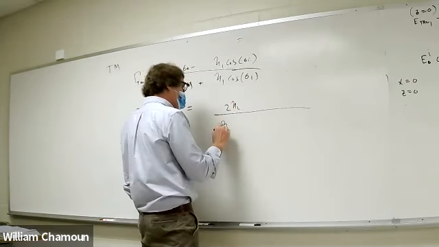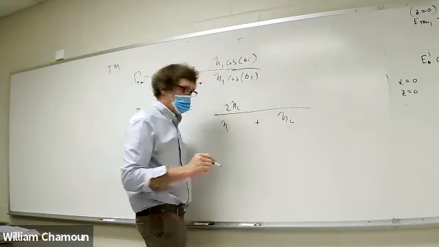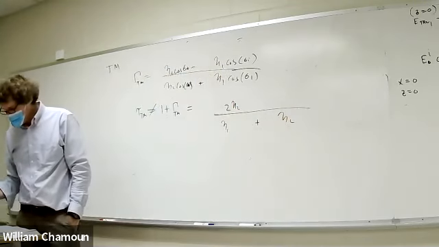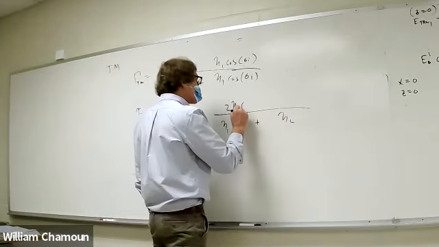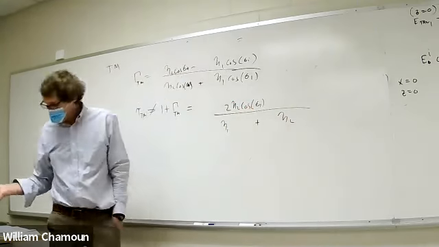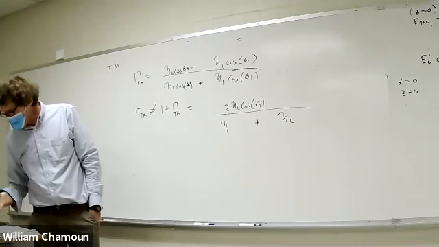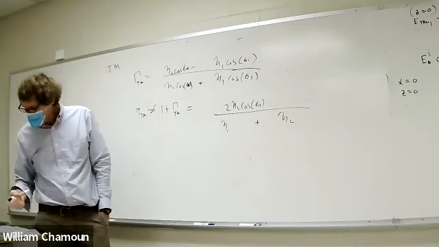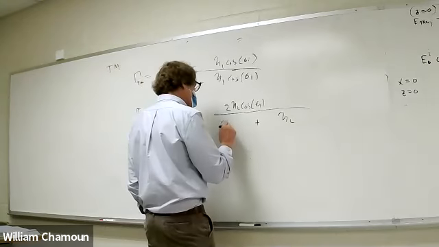I have eta 1 and eta 2 downstairs with a plus, and you'll see in this book, this is going to have the incident angle. If you look a little further down, that's eta 2 up top, and eta 1 has the incident angle for cosine.